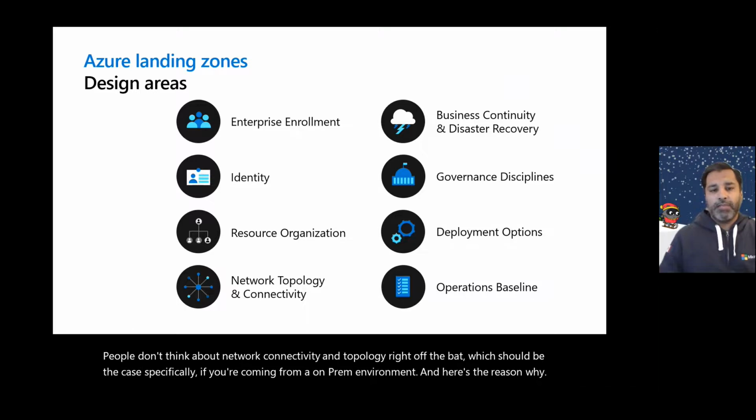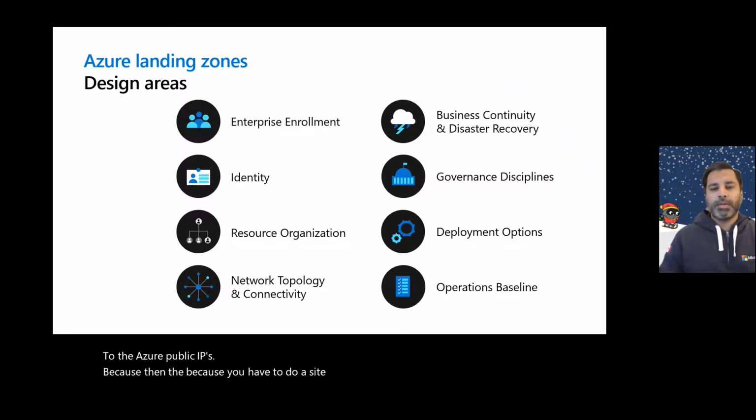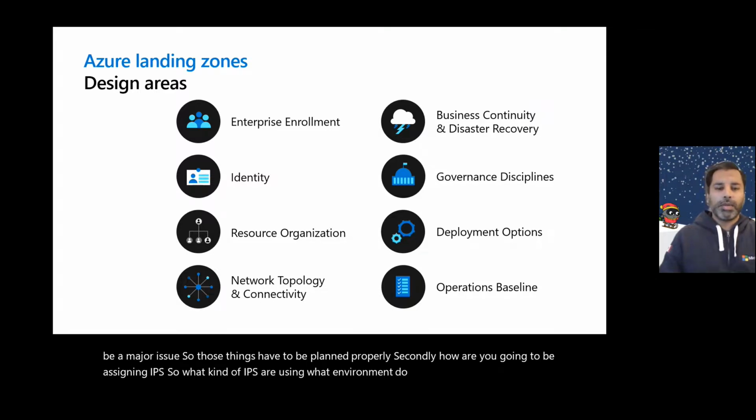You cannot have an overlap from your on-prem public IPs to the Azure public IPs, because you have to do site-to-site VPN or ExpressRoute, so that's going to be a major issue. So those things have to be planned properly. Secondly, how are you going to be assigning IPs? What kind of IPs are you using? What environment do you want? So networking actually plays a wider role there.